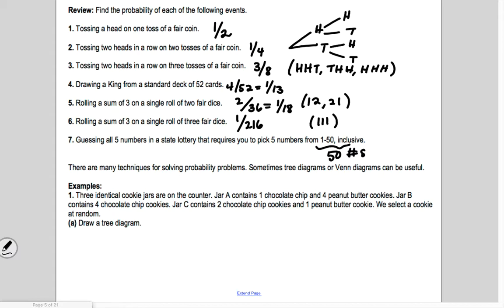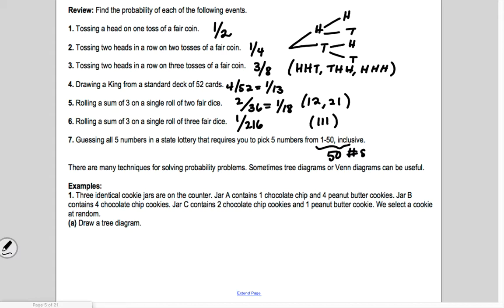Okay, when you do the lottery, I don't know if you guys know this, but like Powerball, they pull the little balls out, and then they put them in order as you're reading your ticket. So don't worry about the order, it's just a group of numbers. So you don't have to be like, oh, I said 24 and it was my first number. It's not like that. It just has to be one of the numbers. Does that help? So how many ways do I get all of them right?